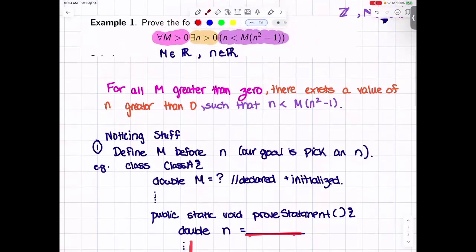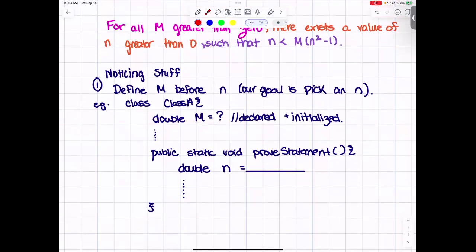Now, we know that m already exists because we defined it at this global level, and it came first in our sentence, which is why I'm allowed to declare it at the global level. It could also be declared more locally, but point being, it's the very first thing that happens inside that prove statement method. So I just treated it as being at the global level, saying this was definitely done before we called prove statement.